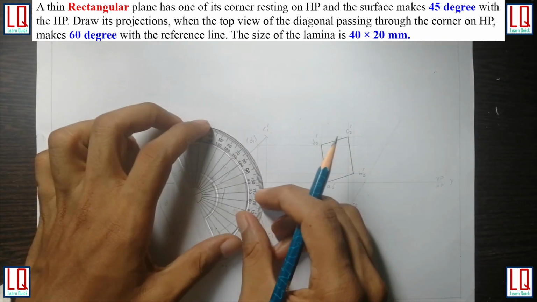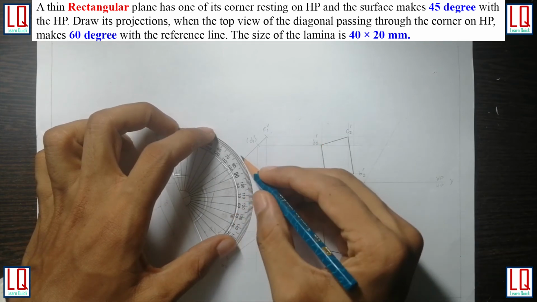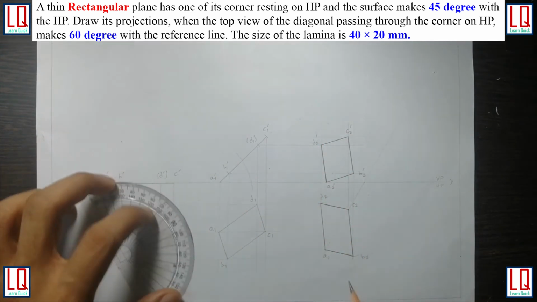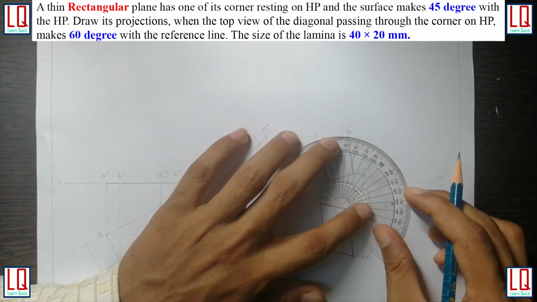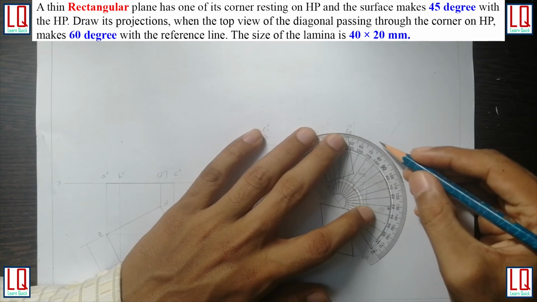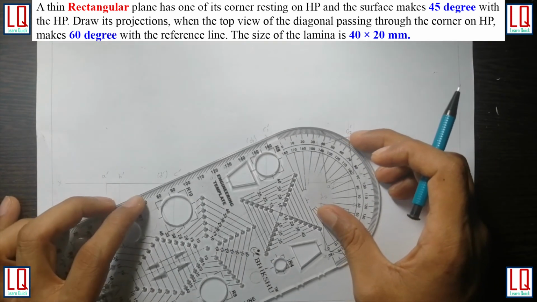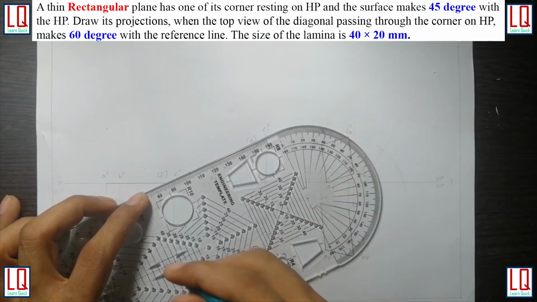Now we are doing the angular dimensioning in step 3. Similarly, angular dimensioning for step 5. To draw the arrowheads, I am using an engineering template.